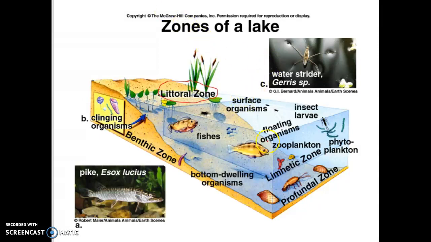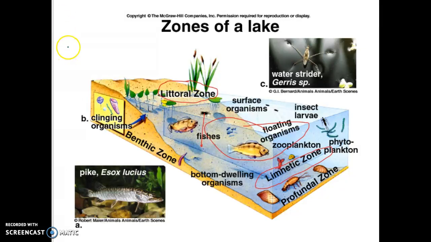If we move out into the limnetic zone, this is the main part of the lake here, the big body of the water here. This is the zone where we see a lot of productivity. Sunlight goes down so far. As long as you have sunlight, you can run photosynthesis. So we'll get producer productivity in that zone.